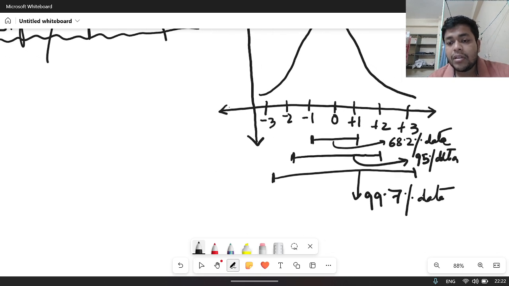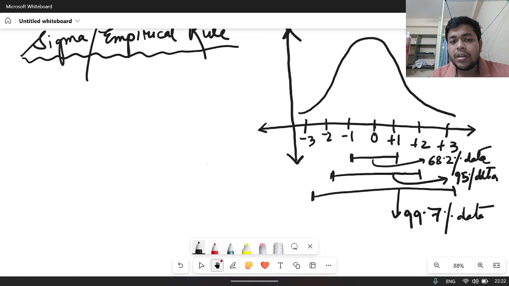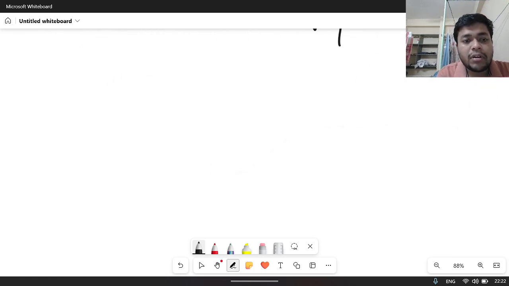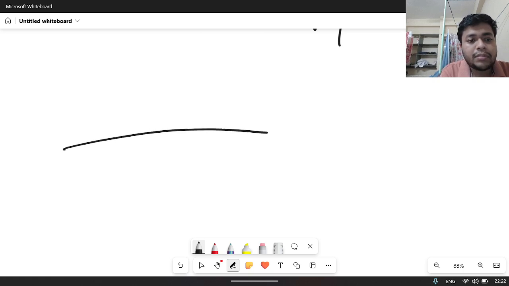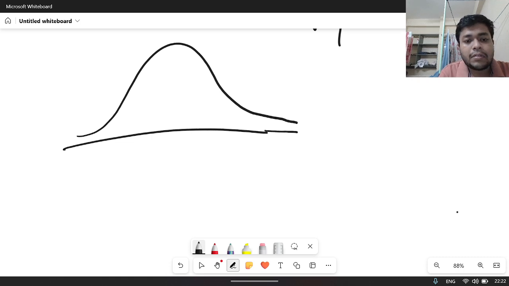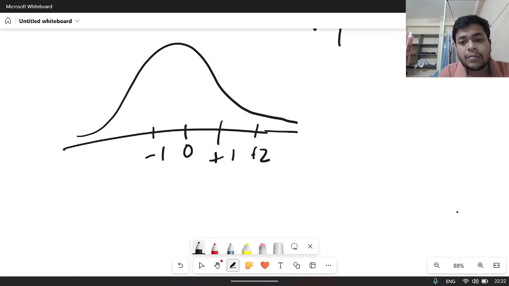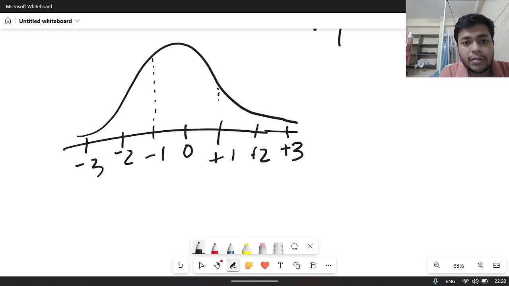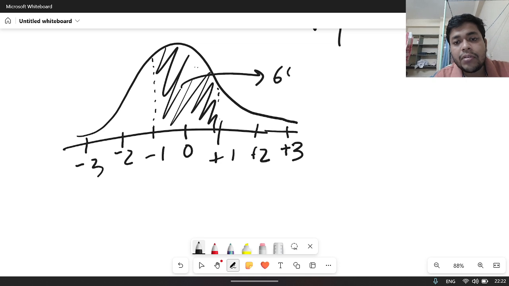Let me frame this in a proper way. This region from -1 to +1 will have your 68.2% of data. Whatever data you deal with, this region will have that much.